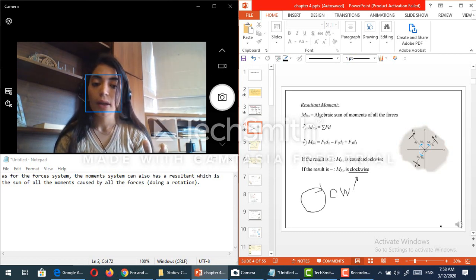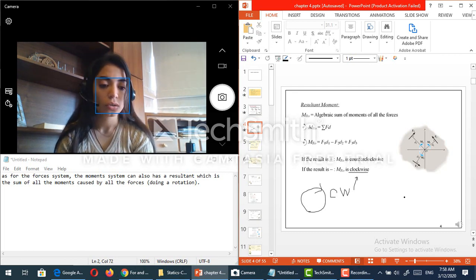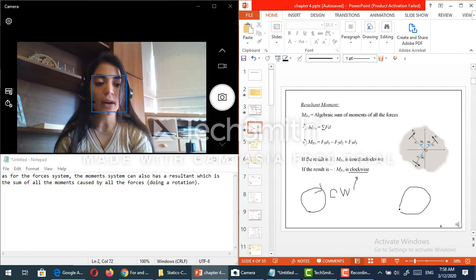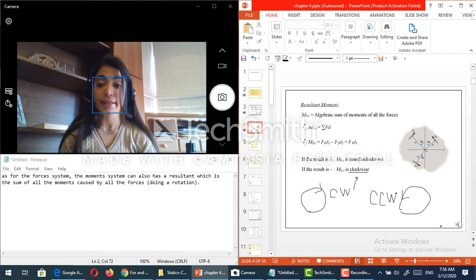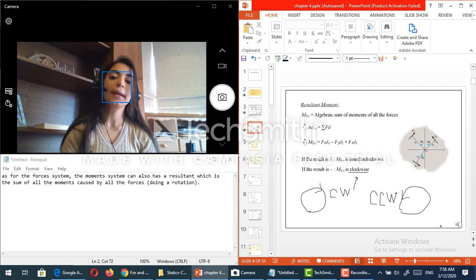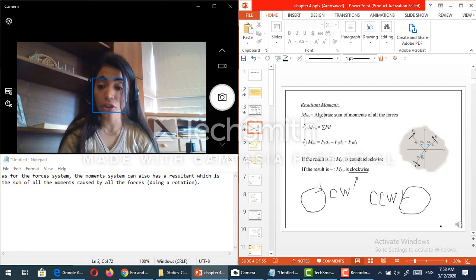I can have an opposite direction, which is called the counterclockwise direction. So in 2D, guys, I can solve the problem without using the right hand rule. It is only by using these two directions. So I should find if my moment is in the clockwise direction or in the counterclockwise direction.